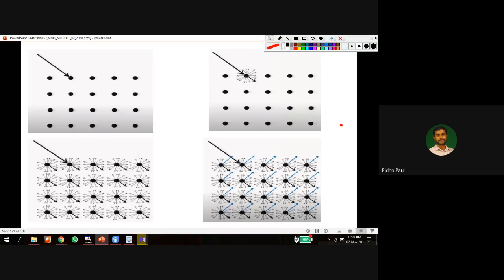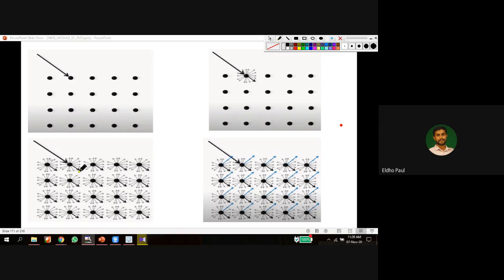This is for a single particle, but when the beam strikes all the particles, scattering as well as transmission occur on all particles. And in this scattering, we can see different directions of scattering.